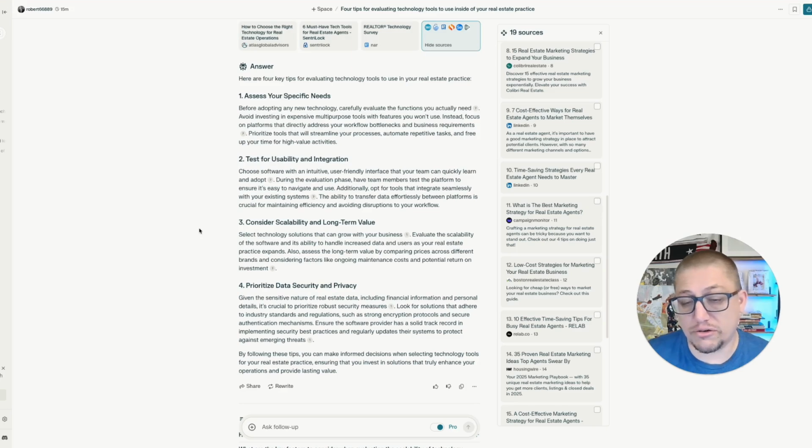The third consideration that you can see here is scalability and long-term value. And this is something that is so often misunderstood. More often than not, people look at their initial business plans, and even if they've been in the industry for a very long time, they look at value as what is the least costly.